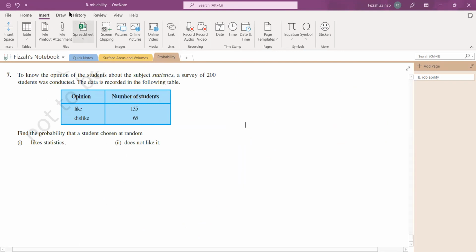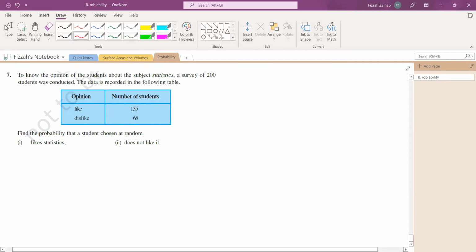Okay, this is question number 7. To know the opinion of the students about the subject statistics, a survey of 200 students was conducted, right? So this is the data obtained. Out of 200 students, 135 students like statistics and 65 students dislike statistics. Is this table clear?